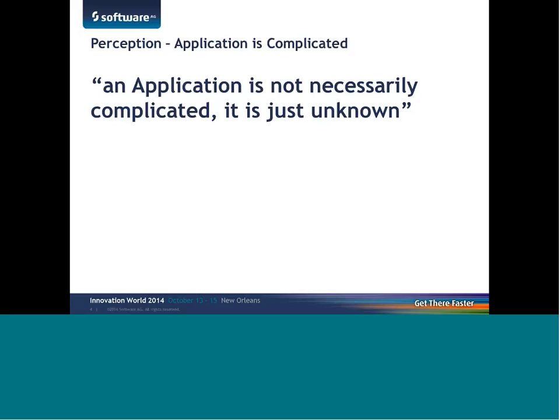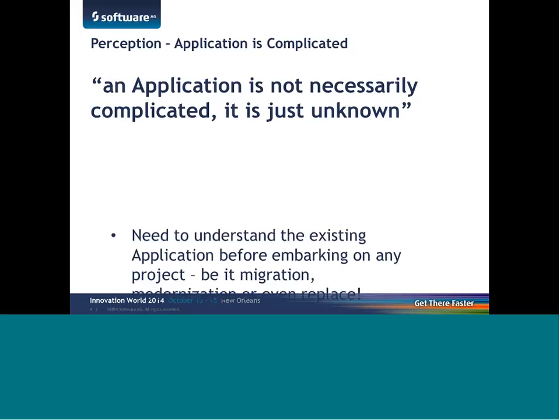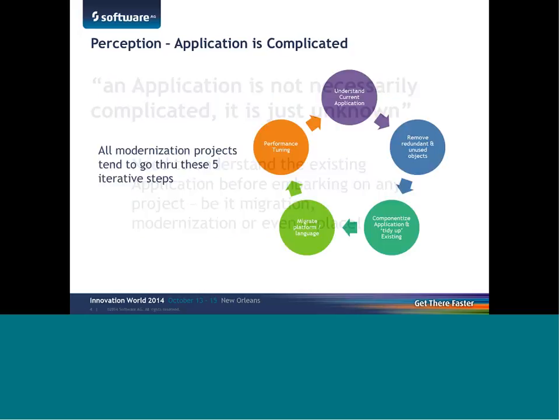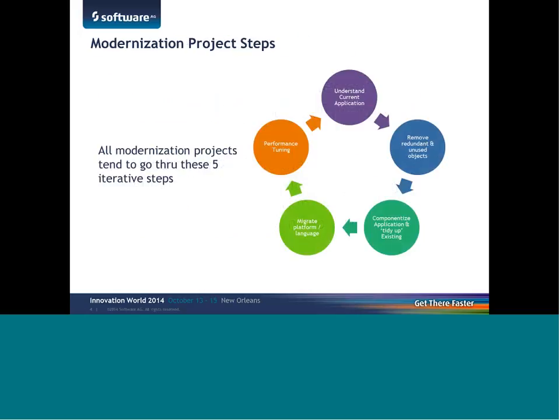Over the years, these systems have been built up, and we need to understand exactly what we have when we're messing around with applications, when we're trying to either migrate them, modernize them, or even replace them. We need to know what these things are doing, and over the years, the documentation has gone missing. So what we need to look at is what do we really need to do when we're tackling applications.